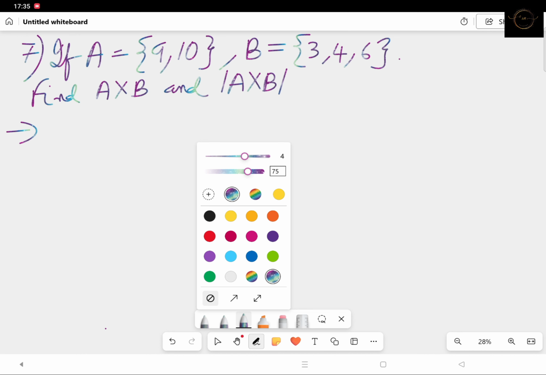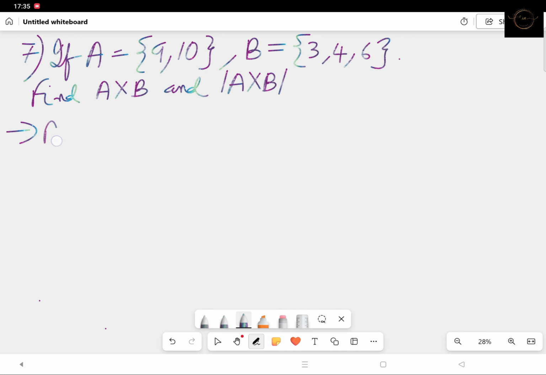If capital A equals {9, 10} and B equals {3, 4, 6}, you have to find A into B, that is the Cartesian product of A and B, and the cardinality of the Cartesian product of A and B. Given A and B, you can find A into B, the set of all ordered pairs.